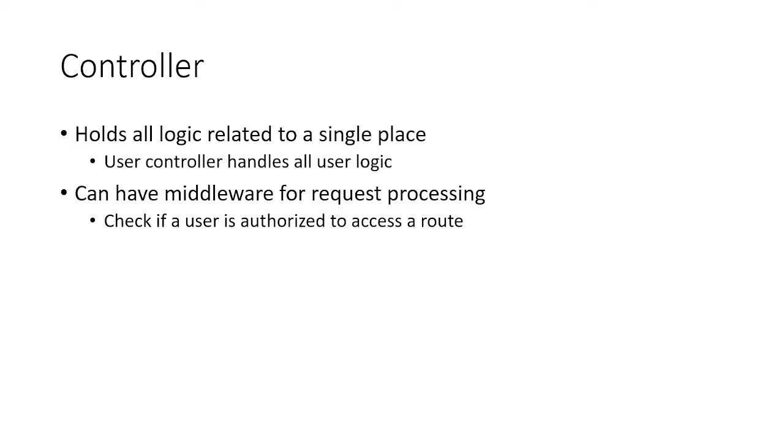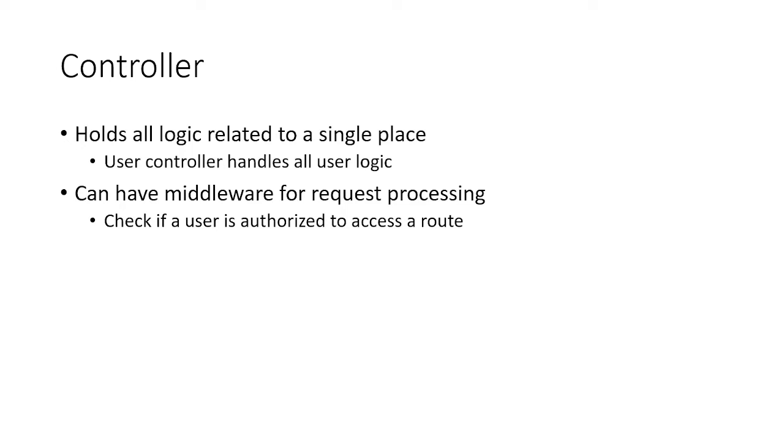If the user is trying to access the note, the middleware will say, okay, you are the user, so I will permit you to access the note. But if someone else wants to access that note, it will be blocked, because the middleware will check whether the user is authorized to view that note. So middleware can do that. Although it's not very common if you have a very basic website.